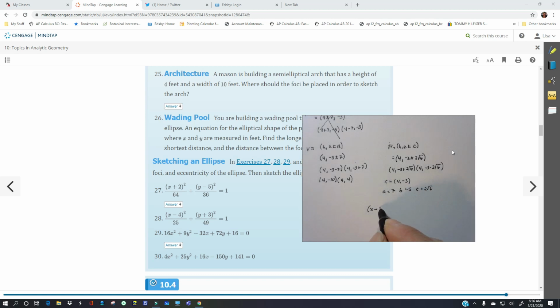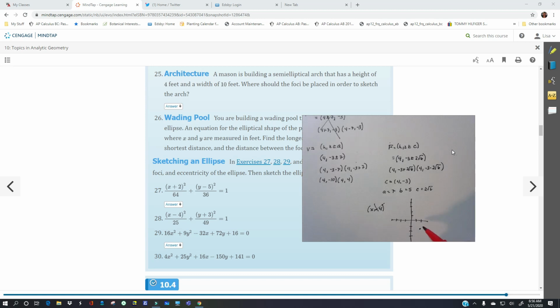Sorry, we don't need to do that. We just need to graph it. So the center is at 4, and I'm counting in twos again. It's 4, negative 3. So here is the center of my ellipse.